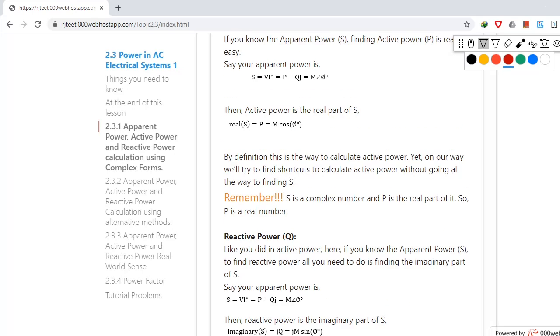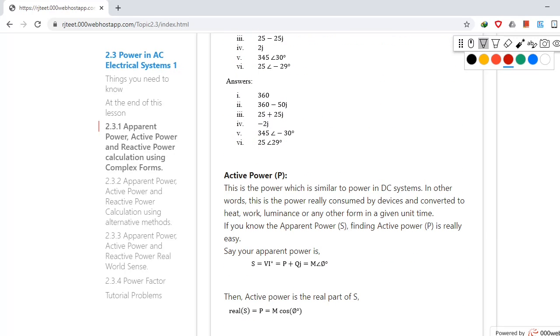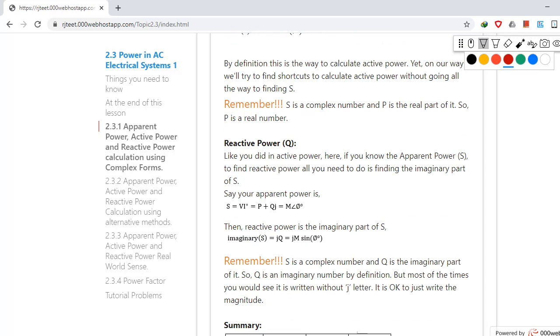So another thing you should notice here is that active power is real. You are looking for the real part. Reactive power is imaginary. You are looking for the imaginary part. So it can sometimes be accompanied by an imaginary marker. To denote it's an imaginary value, it may have j in front of it, j or i.